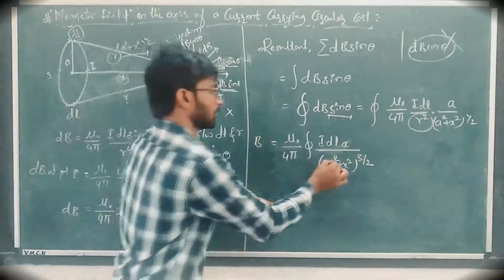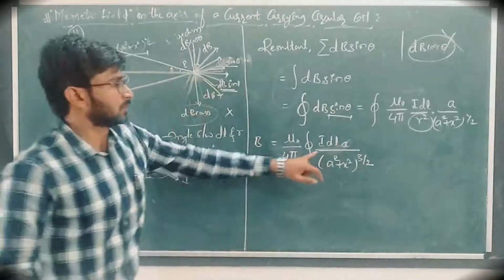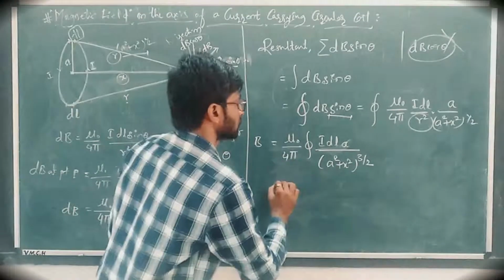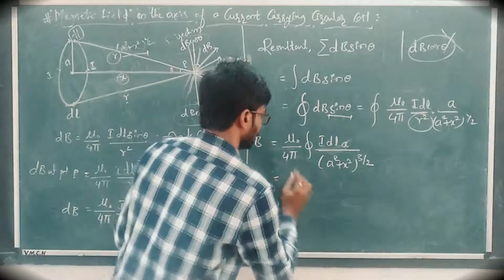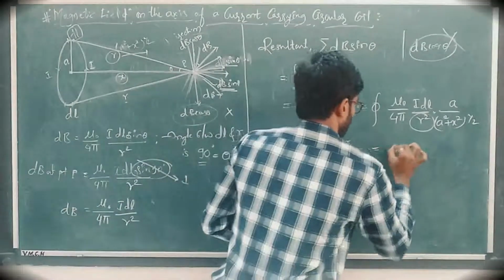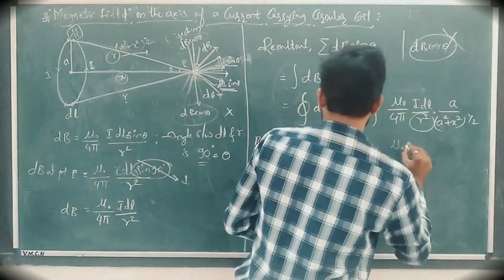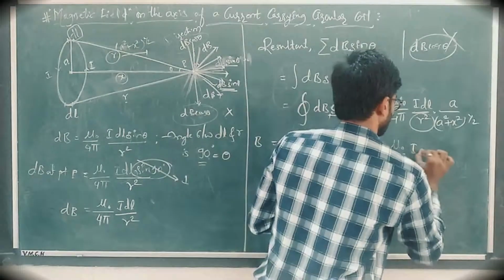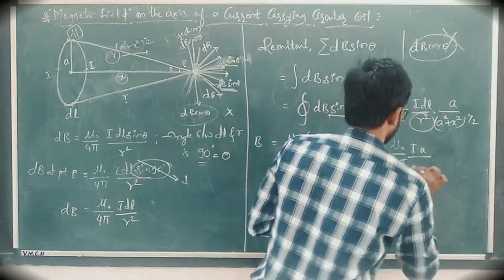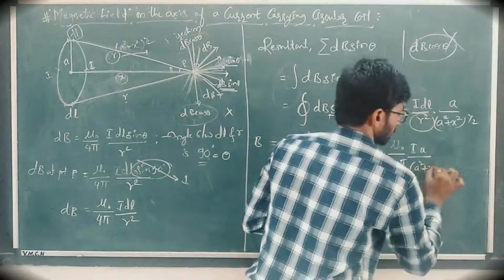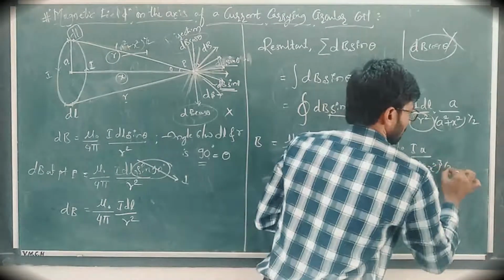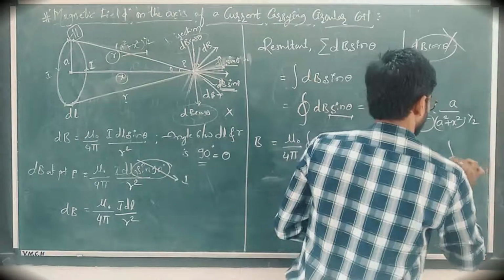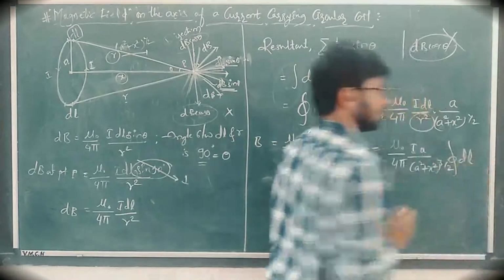Okay, and now I will make the integration over this. How are you going to write that? That is mu naught by 4 pi, I a by a square plus x square to the power 3 by 2 into dl.